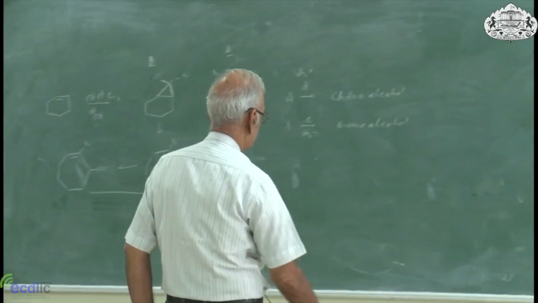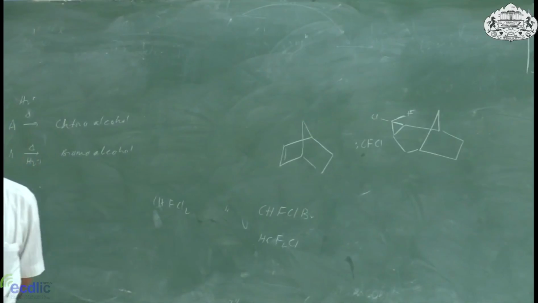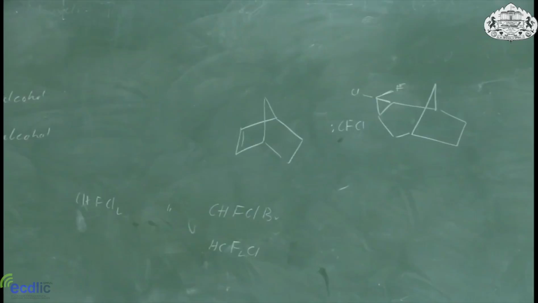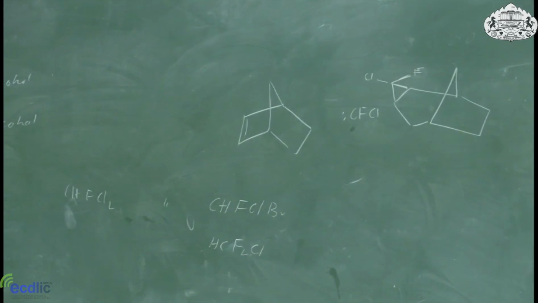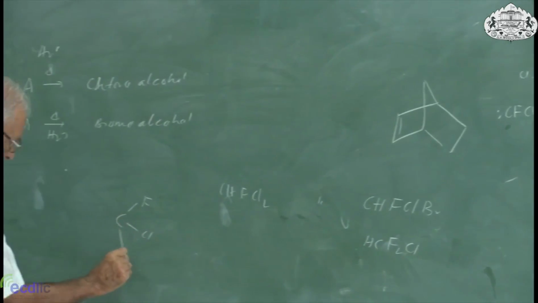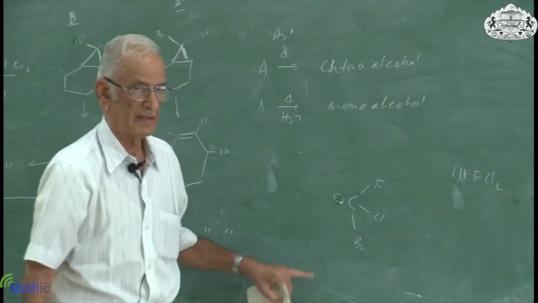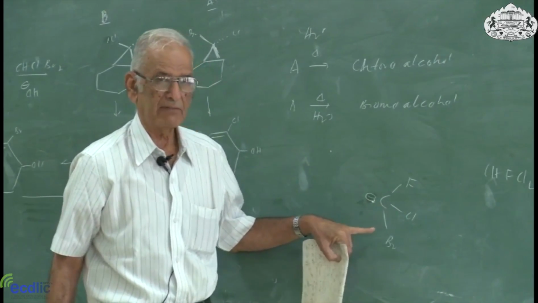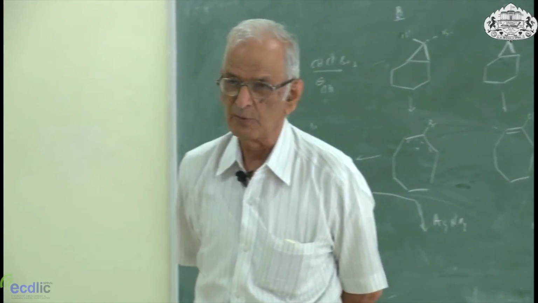Or should I use this? Sorry. If I use this, now what I want? I want bromine to leave, and bromine leaving is very easy. So, I will use this.